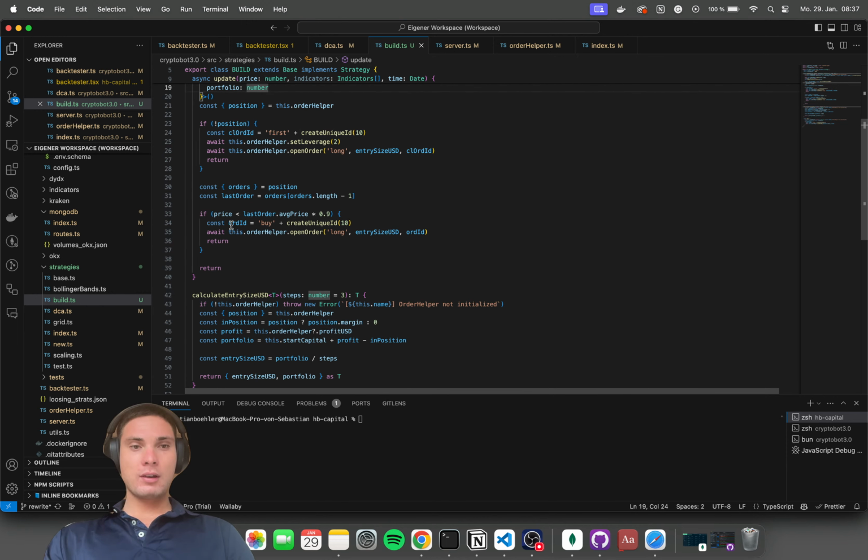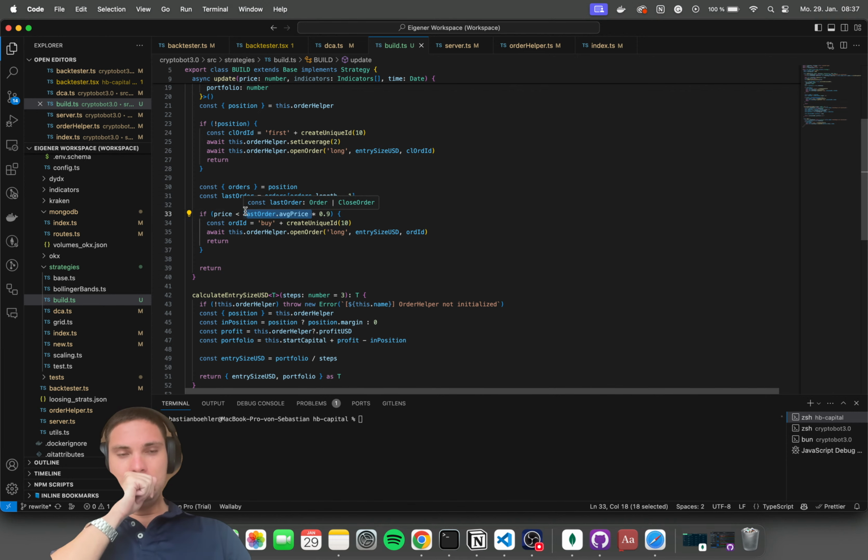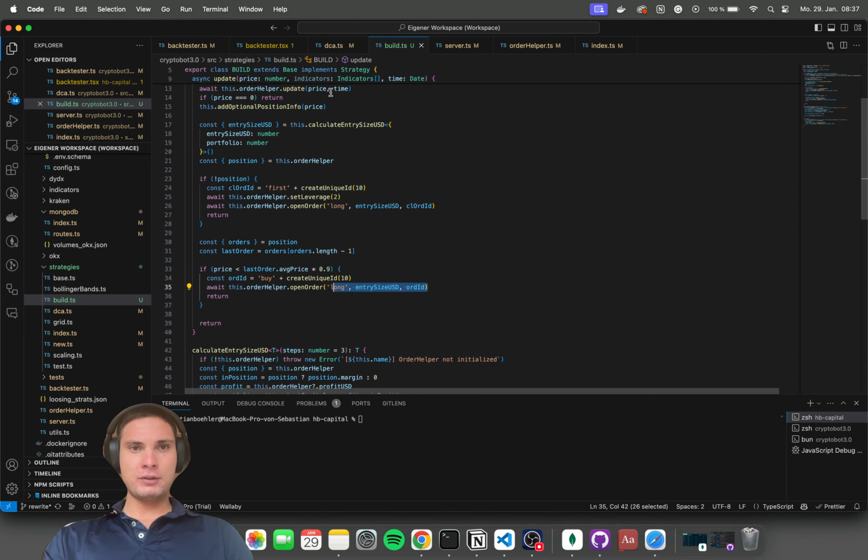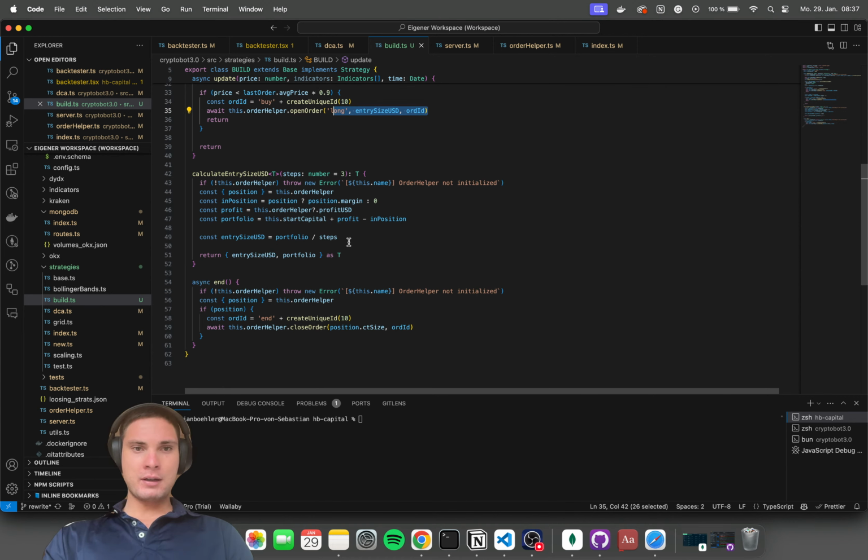And then if the price fell 10% below our position entry price, we increase the position by the entry size again provided from the helper, so again by a third because here default is 3, by a third of our available capital.